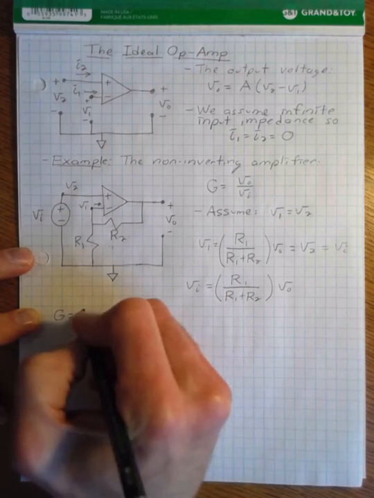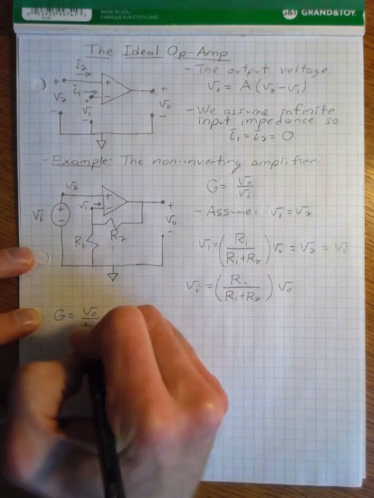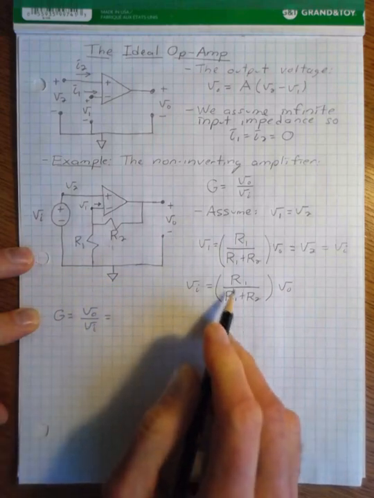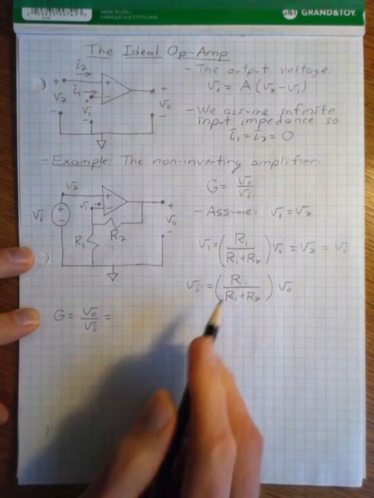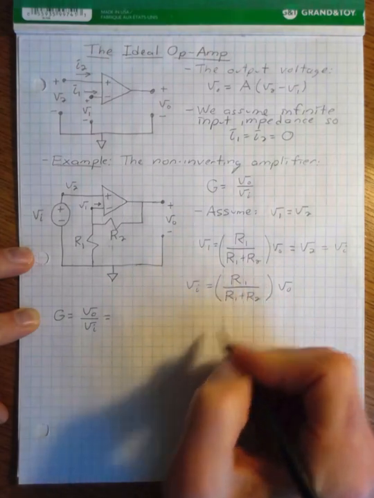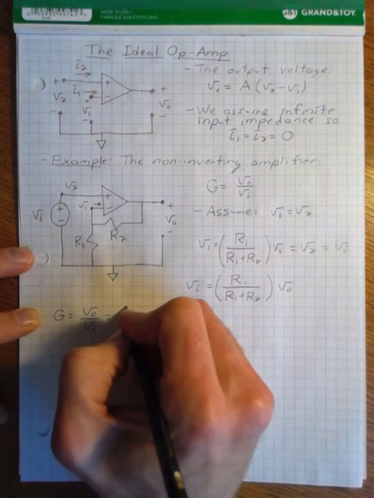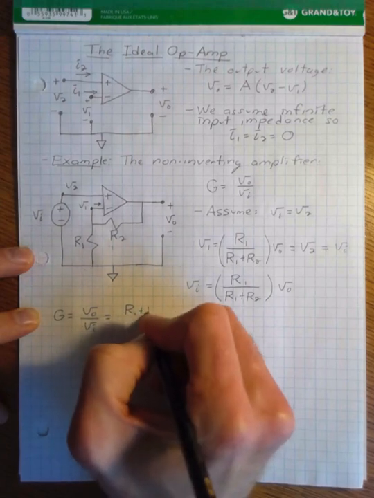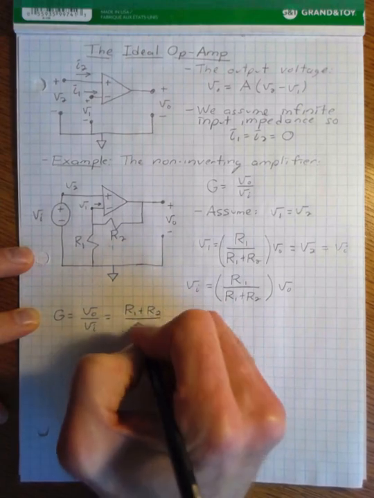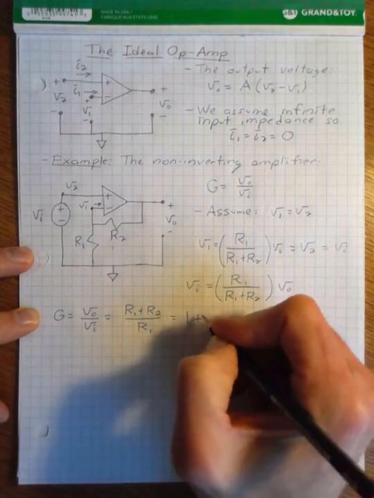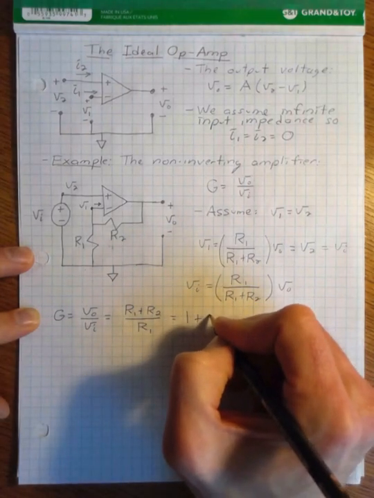And so it's relatively straightforward to calculate our voltage gain. G is equal to output divided by input. And if we manipulate this resistance ratio, we can express this as 1 plus R2 over R1, which is more commonly how you see it expressed.